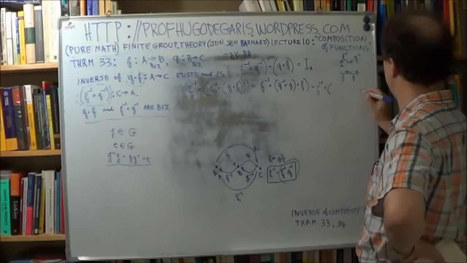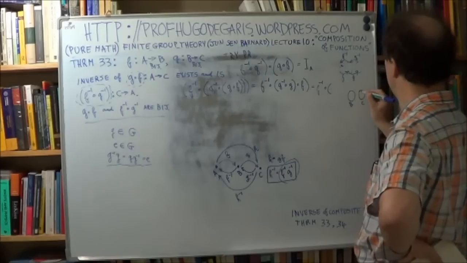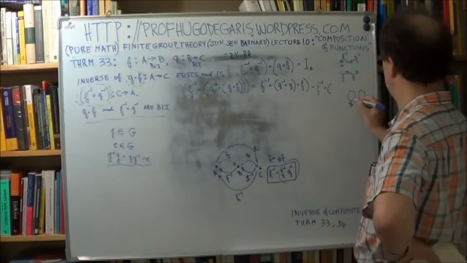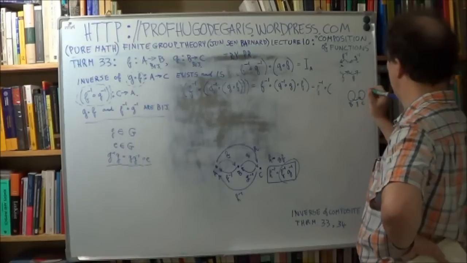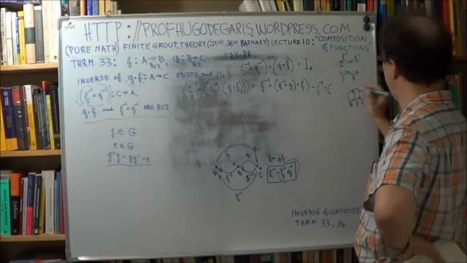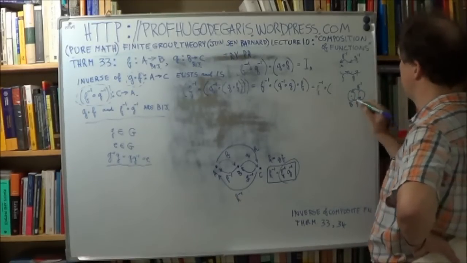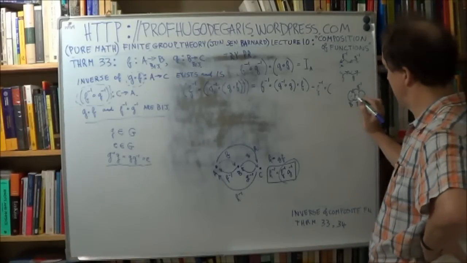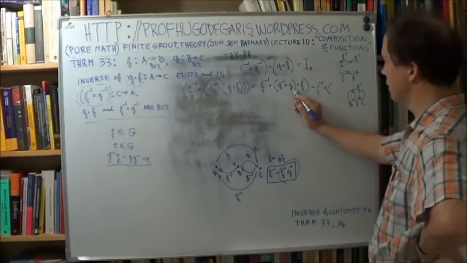Here's your B, here's your C. Now, G takes you from B to C, right? And G inverse takes you back from C to B. So that's the same thing as doing nothing in set B. So this, do G first, right?